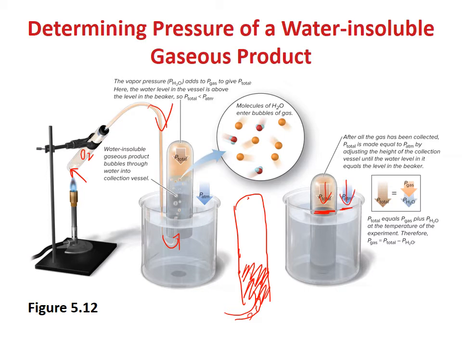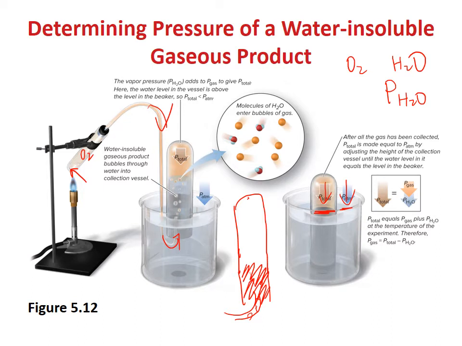The gas inside, however, is not pure oxygen, because when the oxygen bubbles through water, water also vaporizes. So inside the test tube, there's also water vapor. So it's a mixture of oxygen and water. If we know the temperature, we can find the vapor pressure of water.